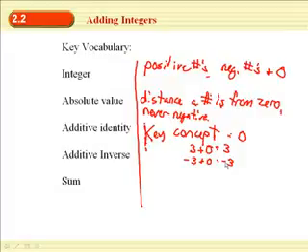And the inverse property, additive inverse, in this case, would be you need to add the opposite. So if I have 3 and I say add its inverse, you add -3 to it, which would be 0.